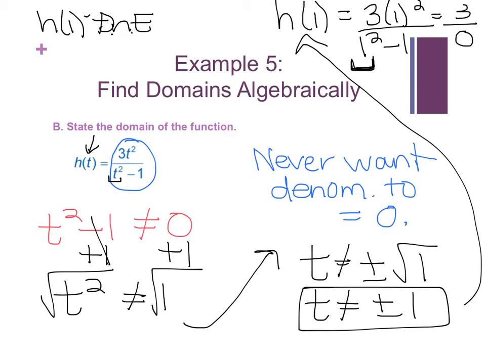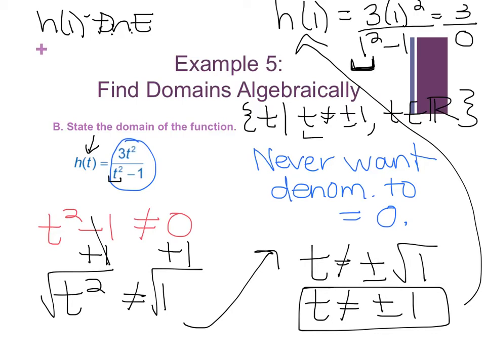We state in set builder notation the set of t such that t does not equal plus or minus 1 and t is an element of the real number system. T can equal any other value in the real number system except for positive and negative 1. On the next slide, I'll write out our domain in interval notation.